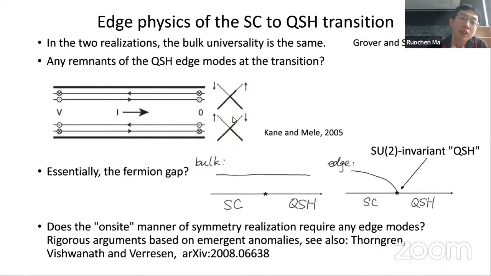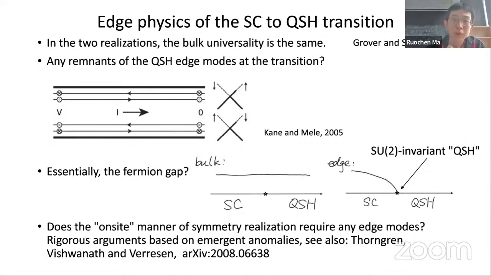In this case, the edge mode is a pair of helical gapless fermions. You have a right mover and a left mover, and there is no scattering between them since they carry different spin quantum numbers. For example, the left mover carries spin up, and the right mover carries spin down. So the spin symmetry forbids the scattering between these two fermionic edge modes.